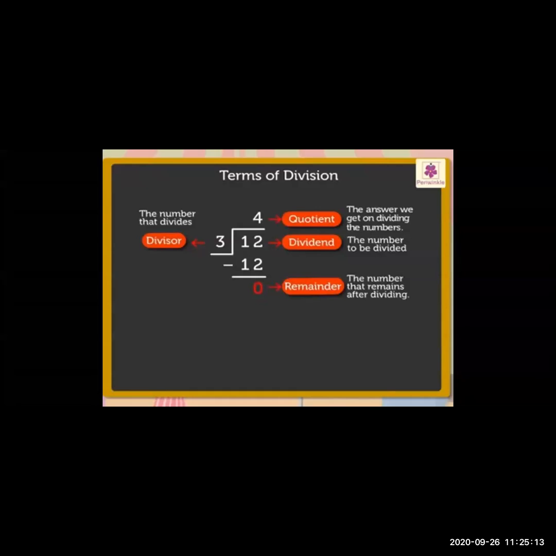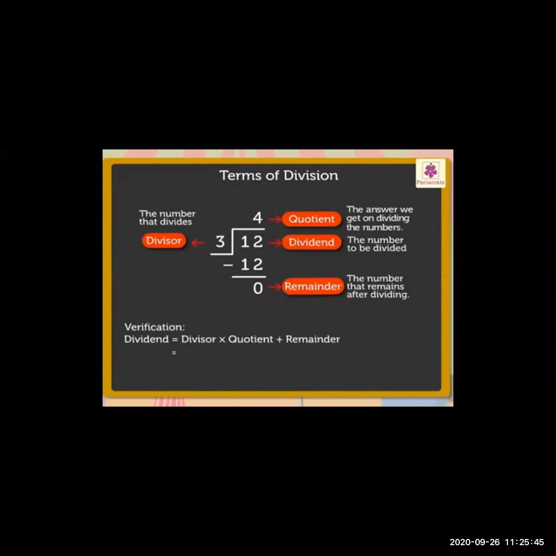The remainder is always smaller than the divisor. Did you notice that the quotient is equal to the number of times we subtracted? I am sure you remember how to verify whether the answer is correct or not. All we need to do is use the following relation. Dividend is equal to divisor into quotient plus remainder.